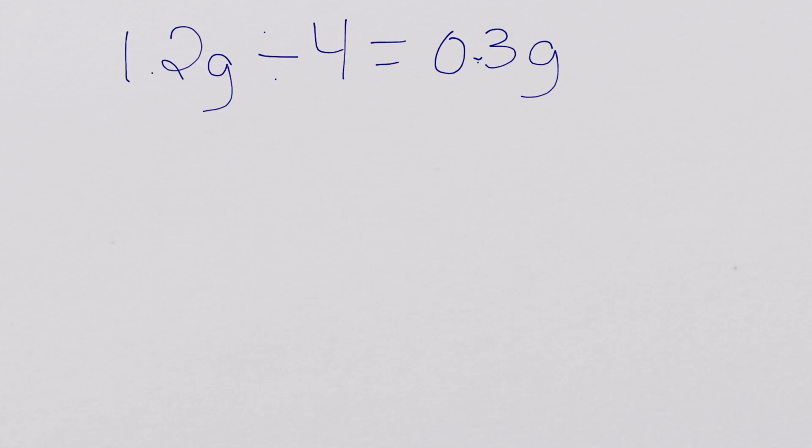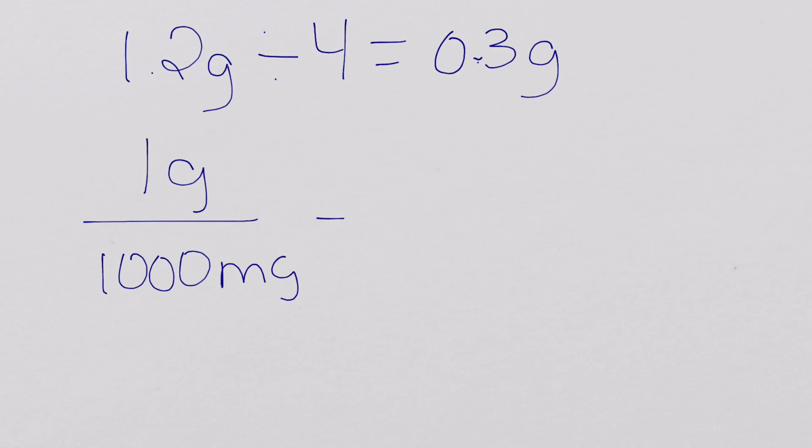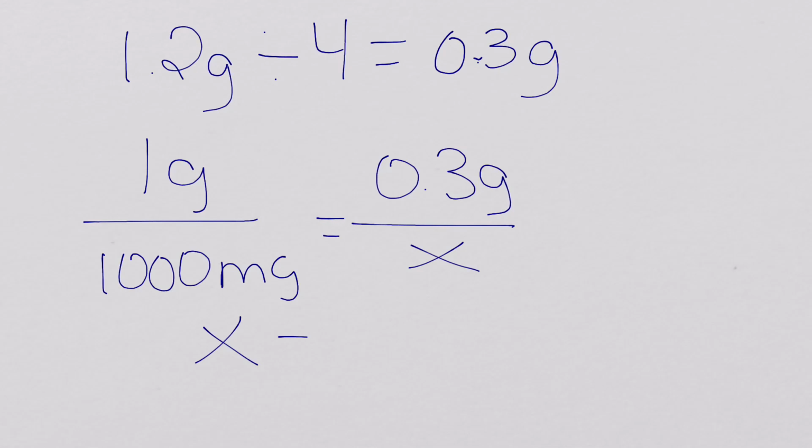Now, we know that 1 gram is equal to 1,000 milligrams. And we're trying to figure out how many milligrams is in 0.3 grams. So we'd solve for x. And when you cross multiply and divide, you should get 300 milligrams.